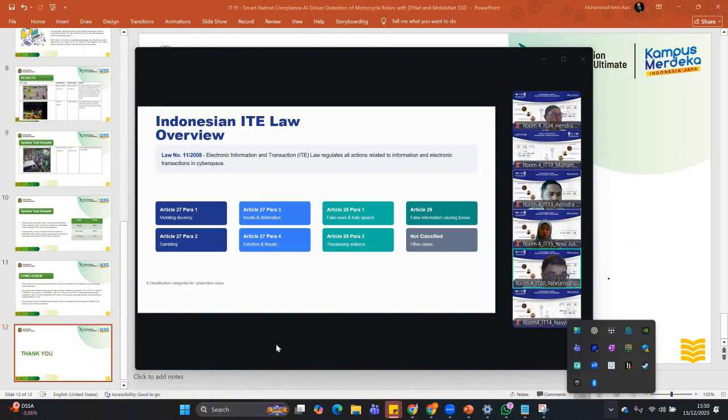Our research focuses on 8 classification categories related to illegal content: Article 27 Paragraph 1, Paragraph 2, Paragraph 3, Article 28 Paragraph 1, Paragraph 2, and Article 29.